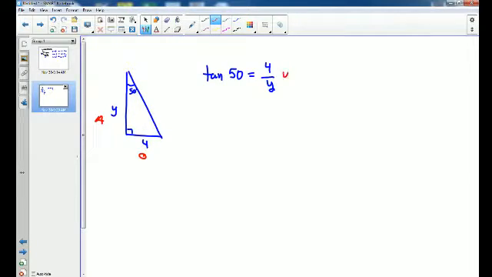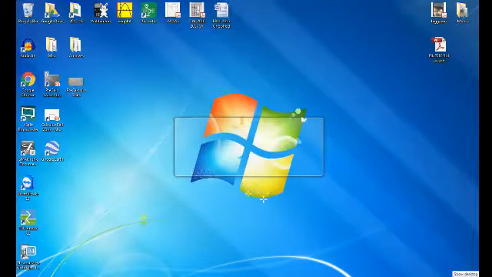So it's 50 y, and then you divide, 50 over the 4. Be careful when that variable is in the denominator of the fraction.